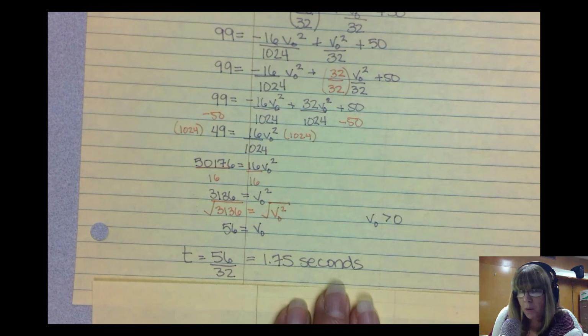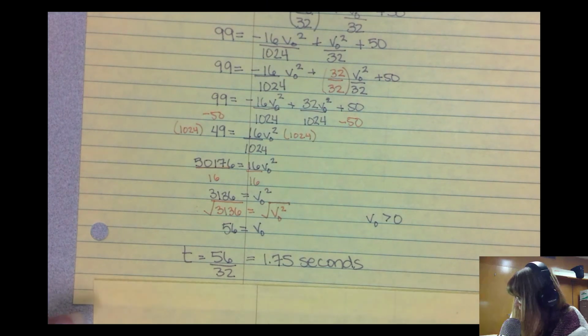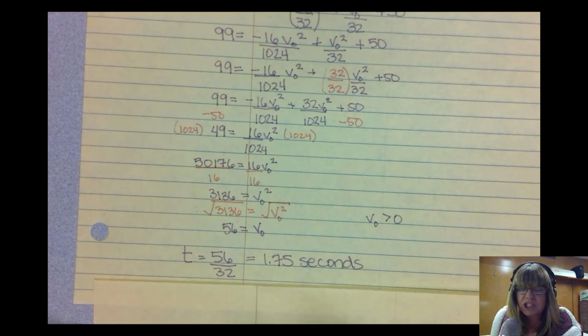So after we throw the ball at initial velocity of 56 feet per second, in 1.75 seconds, the ball reaches its highest height at 99 feet, and then it starts coming back down. And unless there's another cliff on the other side where we're throwing it to, it will eventually hit the ground, which is all the way down to the ground, 50 more feet than where it started out as.